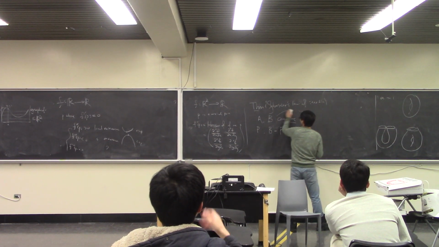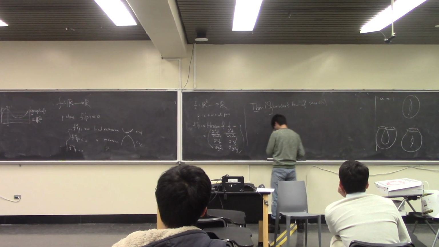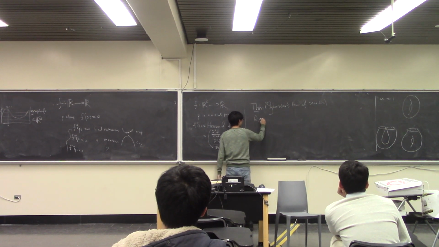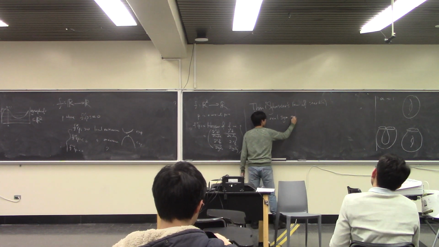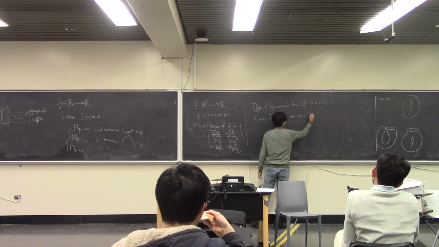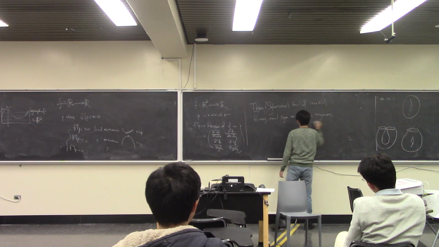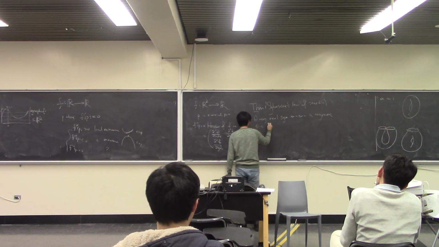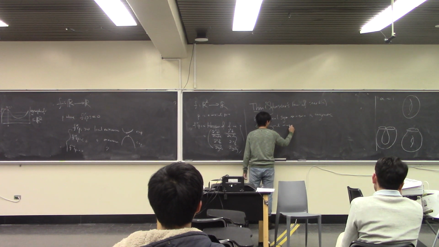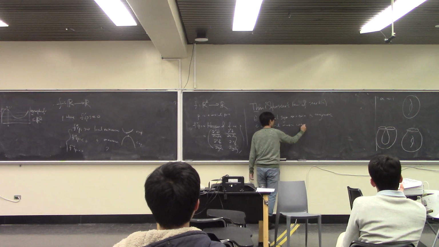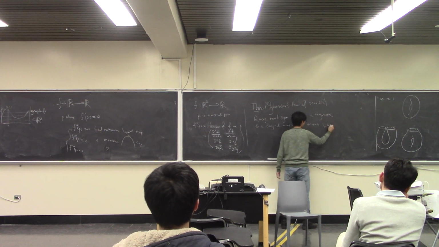Okay, so keeping that in mind, this law of inertia tells us that every real symmetric matrix is congruent to a diagonal matrix with entries 1, 0, or minus 1.